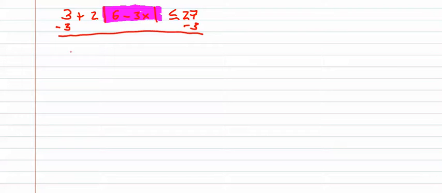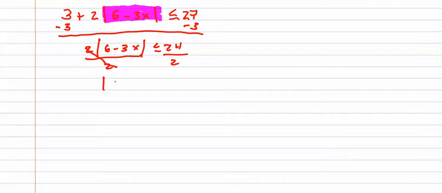So I subtract 3, and I get 2 times my absolute value is less than or equal to 24. I divide by 2, and I get the absolute value of 6 minus 3x less than or equal to 12. The absolute value is isolated.